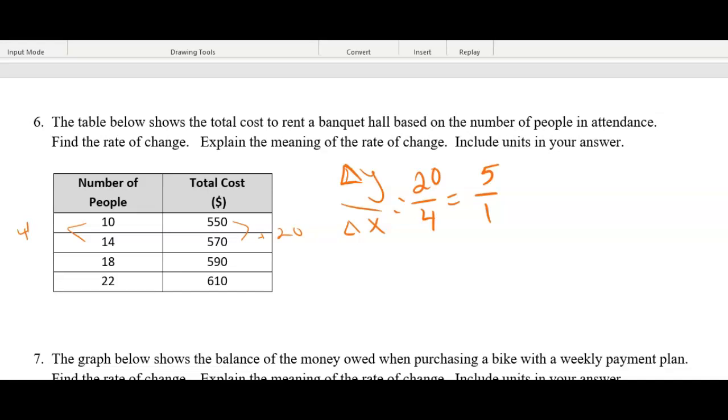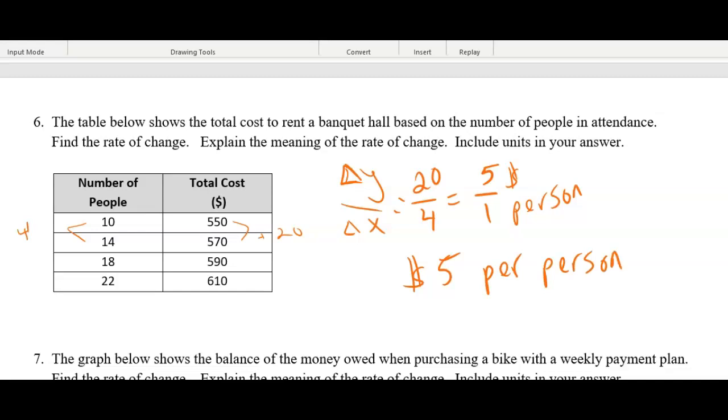once you get over 10 people, it looks like they got a base rate here. But once you get over the first 10 people, then it looks like it's going up $5 per one person. So that's what it costs. $5 per person to rent the banquet hall.